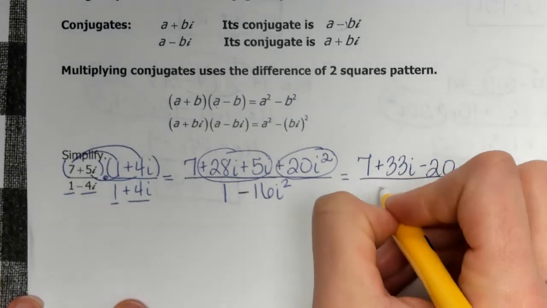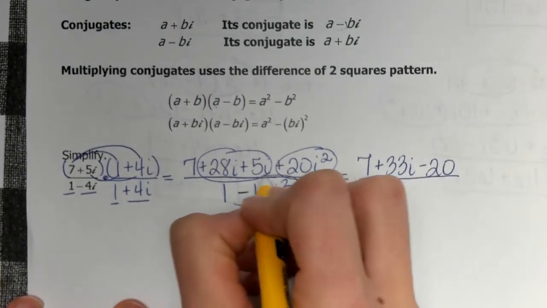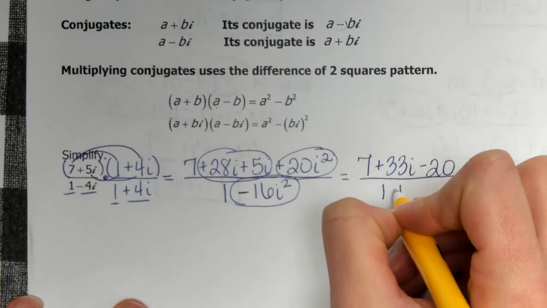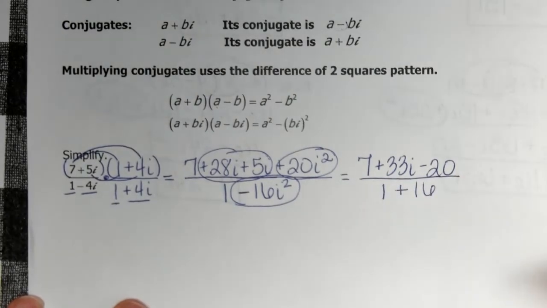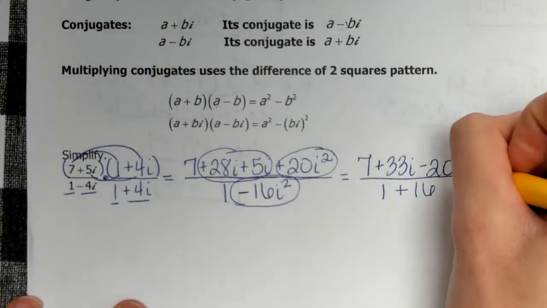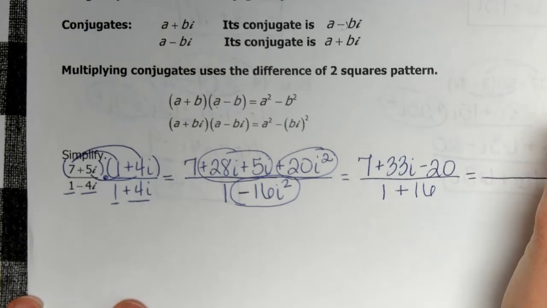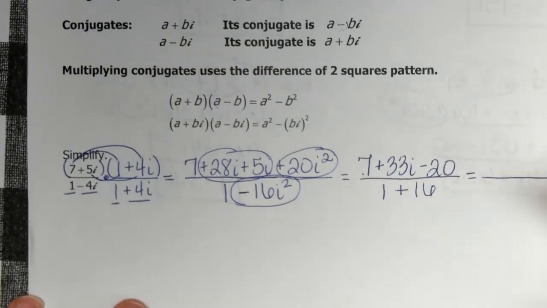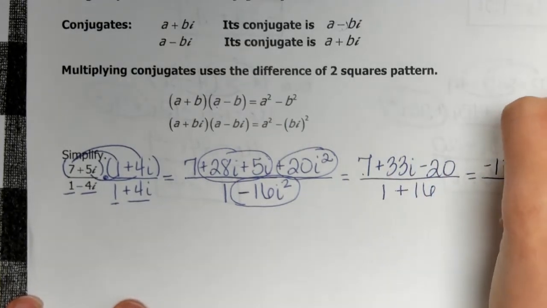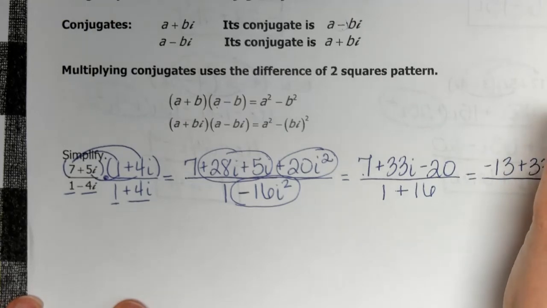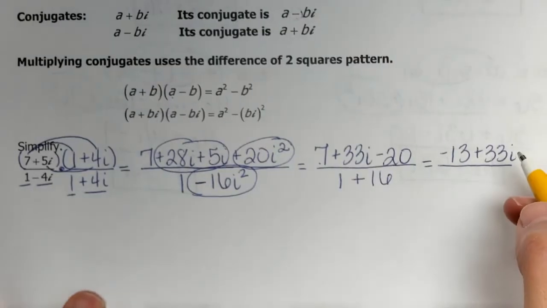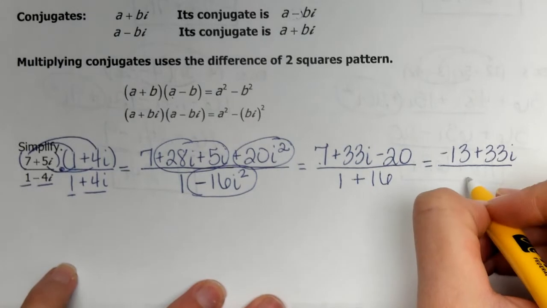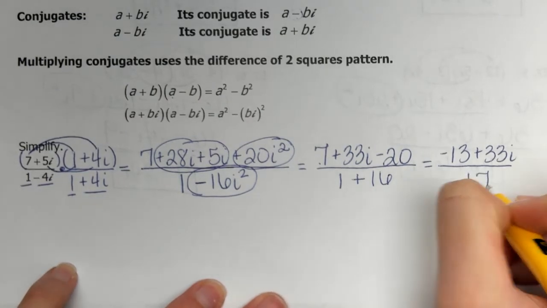And then I've got 1, the negative 16i squared turns into plus 16. Y'all follow me? Alright, 7 minus 20 plus 33i. And then 1 plus 16 is 17.